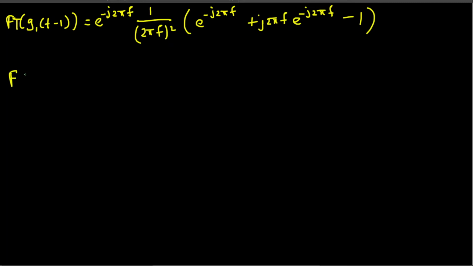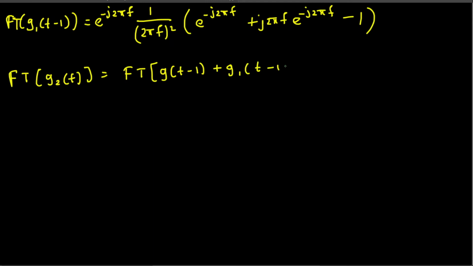So the Fourier transform of g2(t) is basically the addition of these two. The Fourier transform of g2(t) is equal to the Fourier transform of g(t−1) plus g1(t−1). Now we can go ahead and add them together.